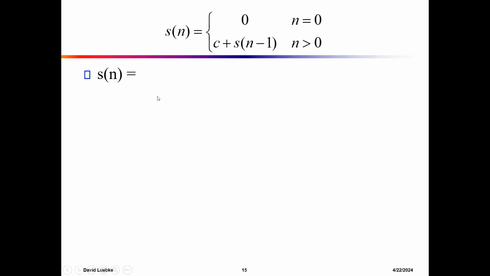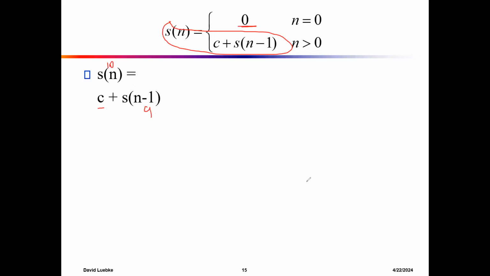So how does this work? S of n is equal to C plus S of n minus 1, right? So this here is the general form. And you'll keep taking away 1 until you reach 0, and that will be a stopping condition. But if we use this general form, what will S of n minus 1 take? So let's say n was 10. This will be C plus S of 9.